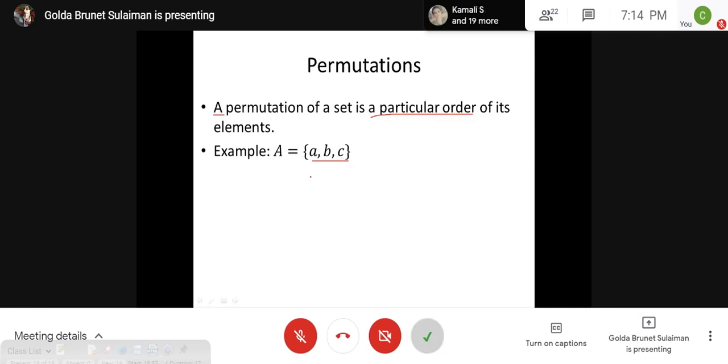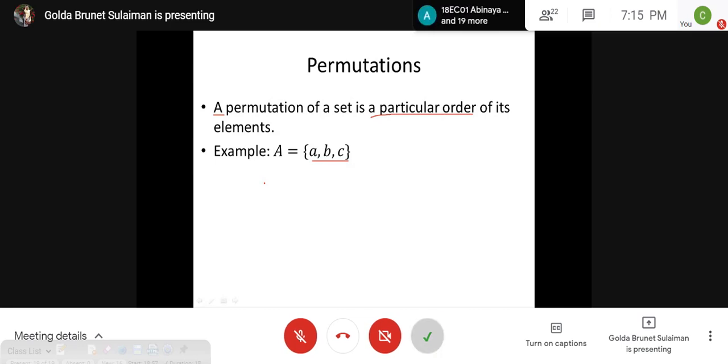Can anyone try? Say some permutation of this set A. Any order will become a permutation. ABC. BCA.